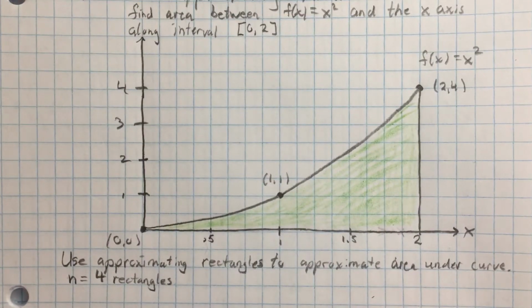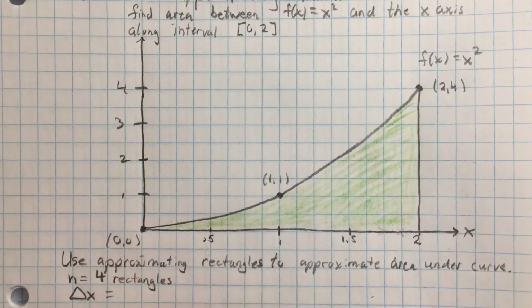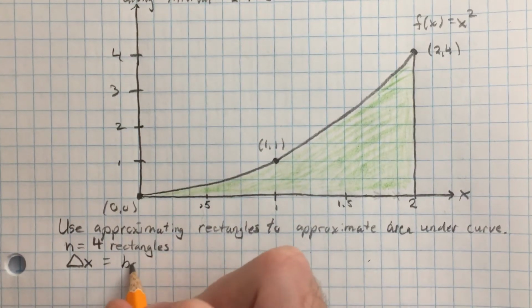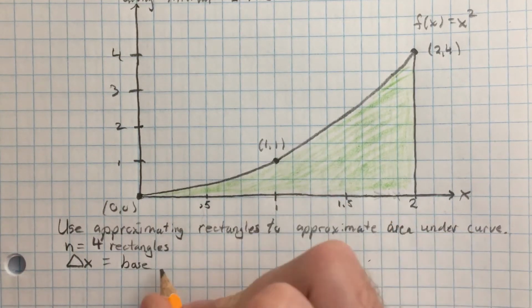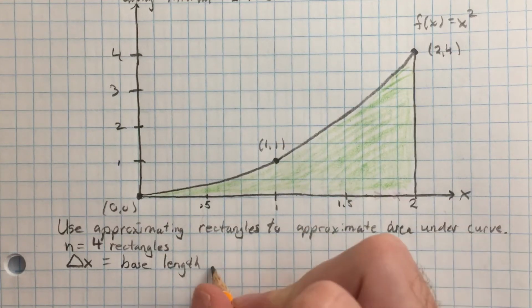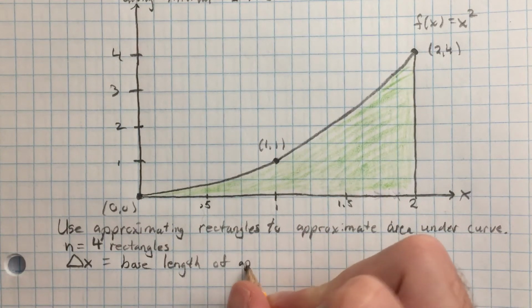All the rectangles are going to have the same base length. Okay? So a new quantity, delta x. Delta x is the base length, you might say, or width, they're going to refer to it, base length of the approximating rectangles.